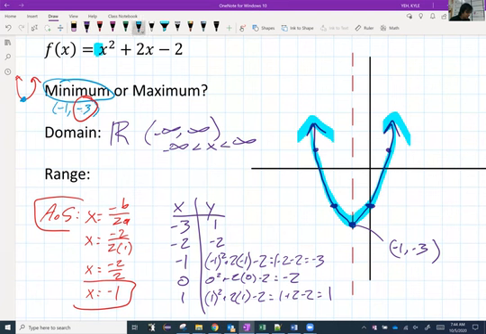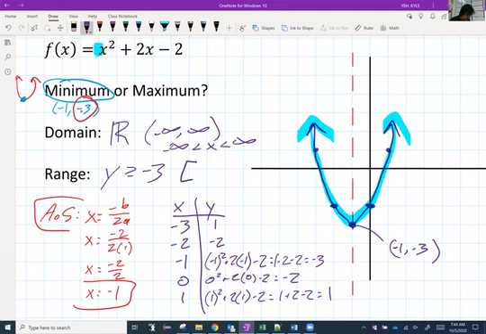So looking at this, I'm going to hit every y that is greater than or equal to -3, because I'm hitting -3, that's my lowest point, and I'm going up forever. So I'm going to hit everything there.